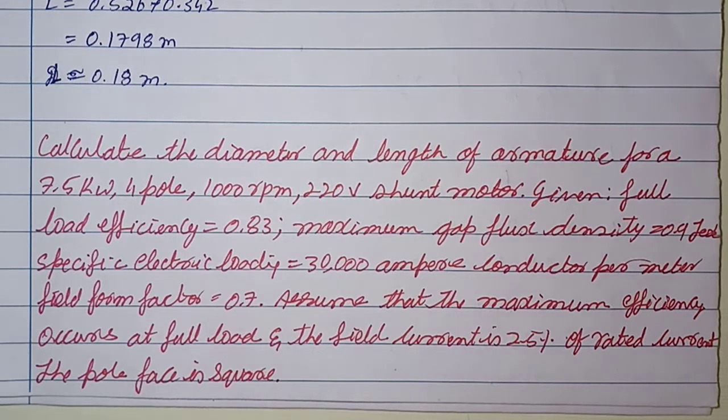Assume that the maximum efficiency occurs at full load and the field current is 2.5% of the rated current. The pole face is square.